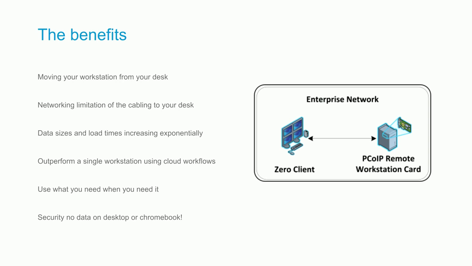Data sizes and load times are increasing exponentially. As we said earlier, you're measuring your data in gigabytes. And I'm guessing that if any of you are using the network or you manage a network at any facility, you're trying to load from central storage and trying to stop all your users utilizing their local SSDs or their NVMe drives that are outperforming by a country mile your 1 gig network and the central storage.